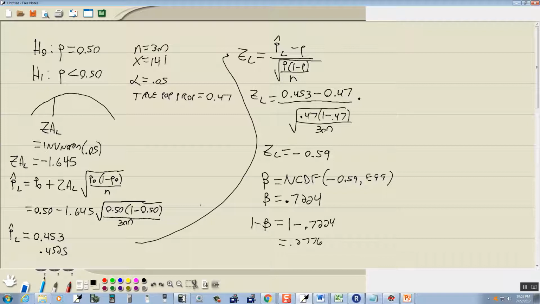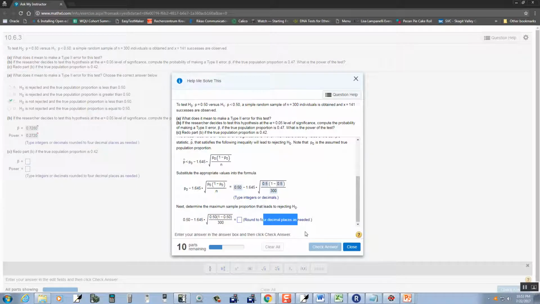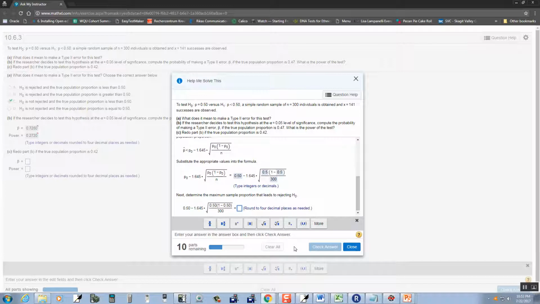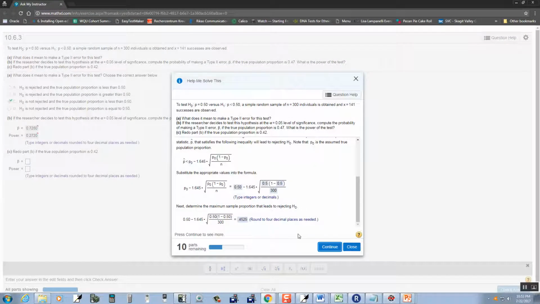Now I'm going to plug that in here and continue with the problem. Let's see if this one's 2 decimal places. Okay, so then continue there.